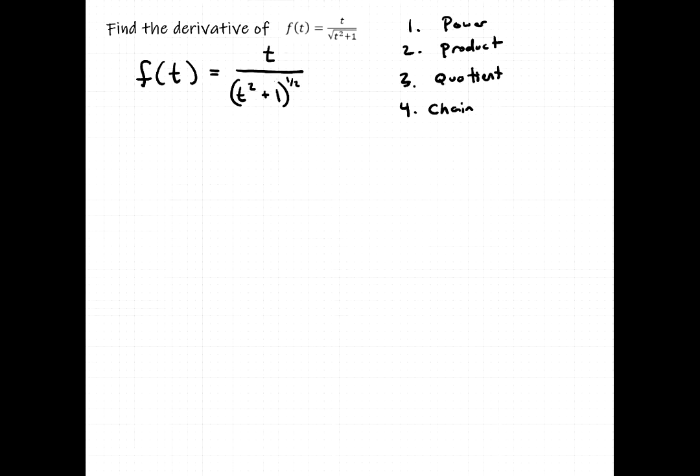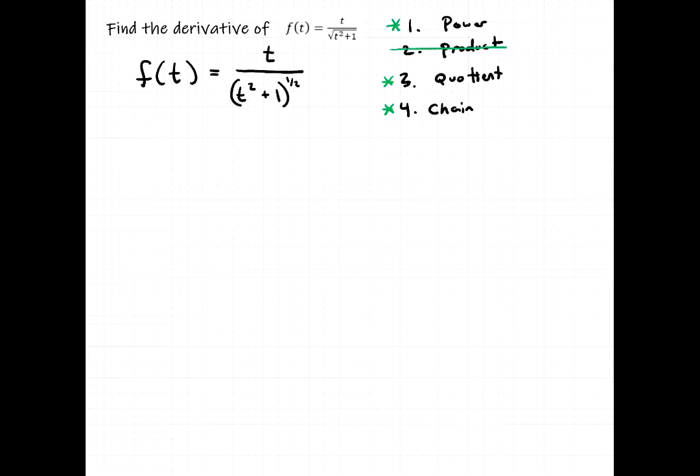We have the power rule because we have the 1/2 power. We have the quotient rule because we have a quotient, a fraction, and the chain rule because in the denominator we have an expression that can be written as a composition of two functions, an inner function, the t squared plus 1, and an outer function, the 1/2 power. So we're not going to use the product rule here, but we're definitely going to use the power, quotient, and chain rules.